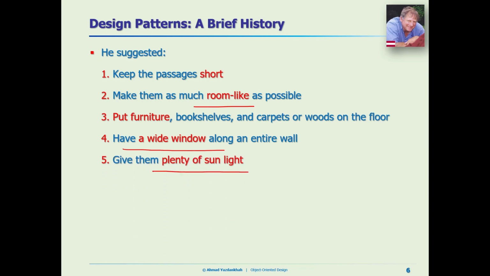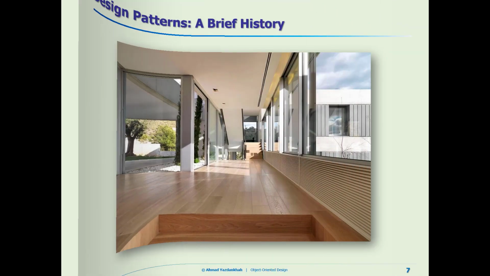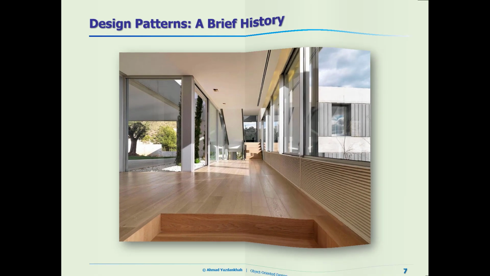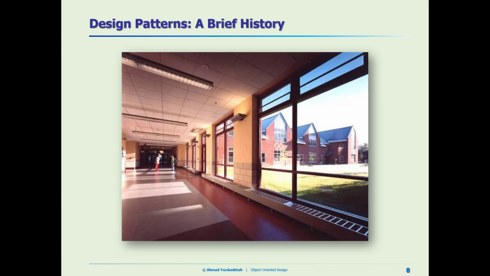It makes it very comfortable and pleasant. Something like this, for example, or something like this. All right. So just compare this with that annoying corridor. Definitely we prefer this one. Okay.